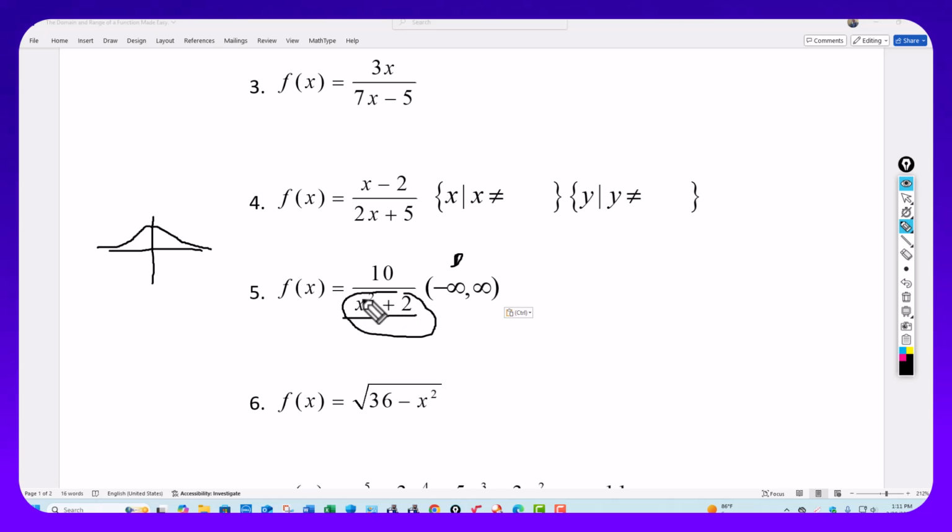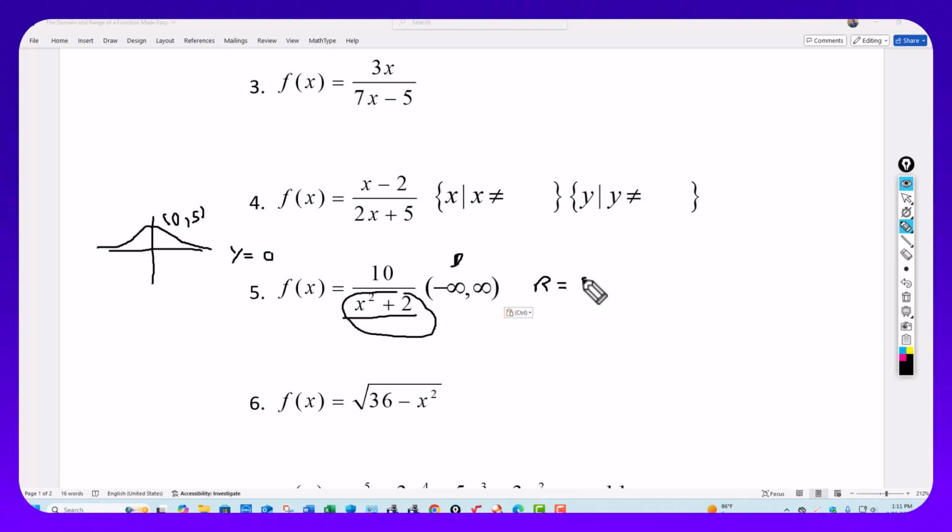It approaches the x-axis this way, and going the other way, it approaches the x-axis. So actually the x-axis is a horizontal asymptote. So for the range, the y value gets real close to 0, but the largest it gets is right there. So that's 0, 5.